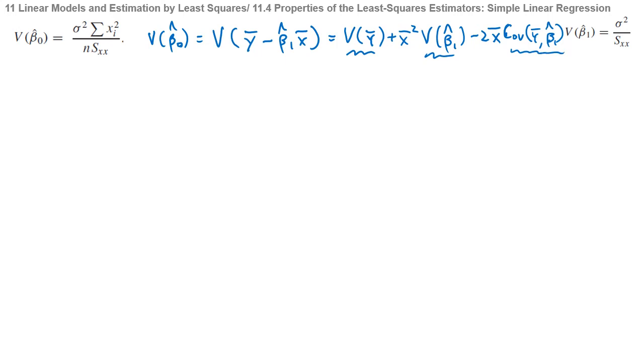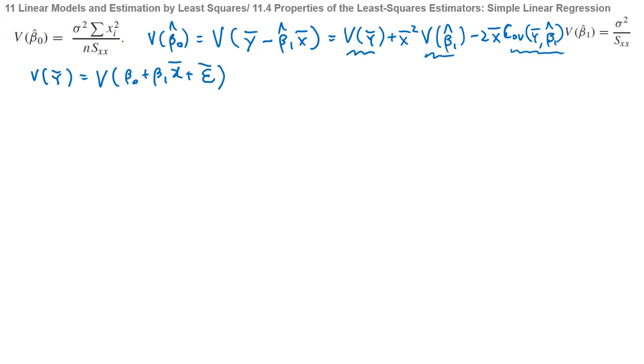For the variance of y bar, this is the variance of beta 0 plus beta 1 x bar plus epsilon bar.